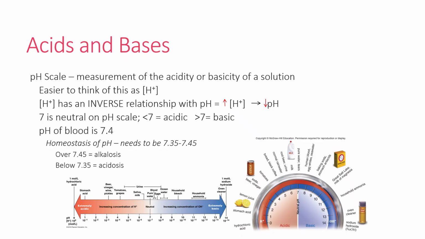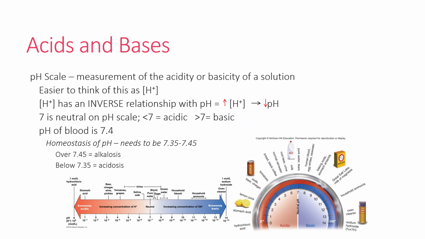Where we run into issues is when we're below 7.35 or we get over 7.45. So if anything is over 7.45, this is considered to be alkalosis. Anything below 7.35 is considered to be acidosis.